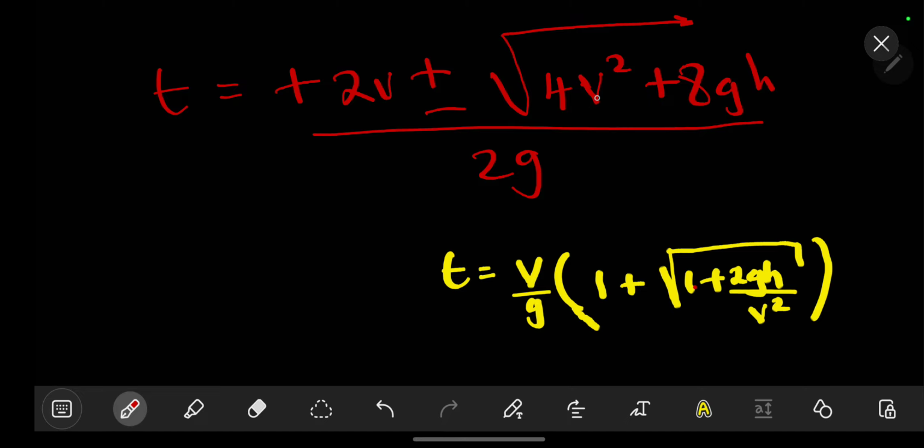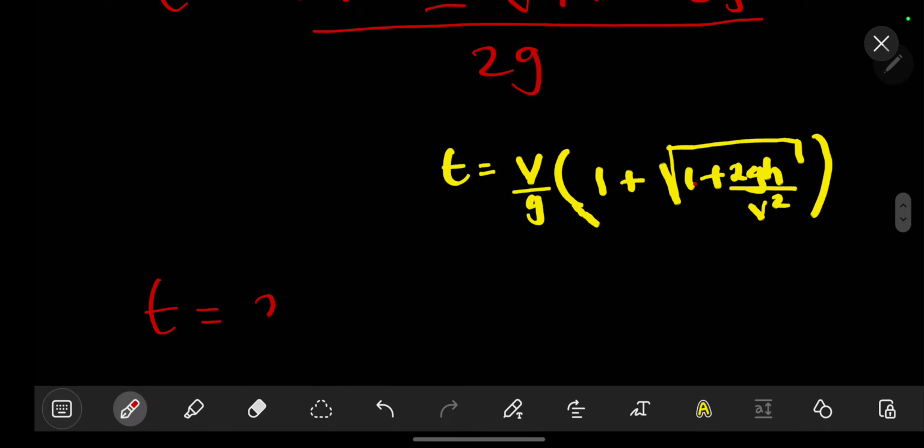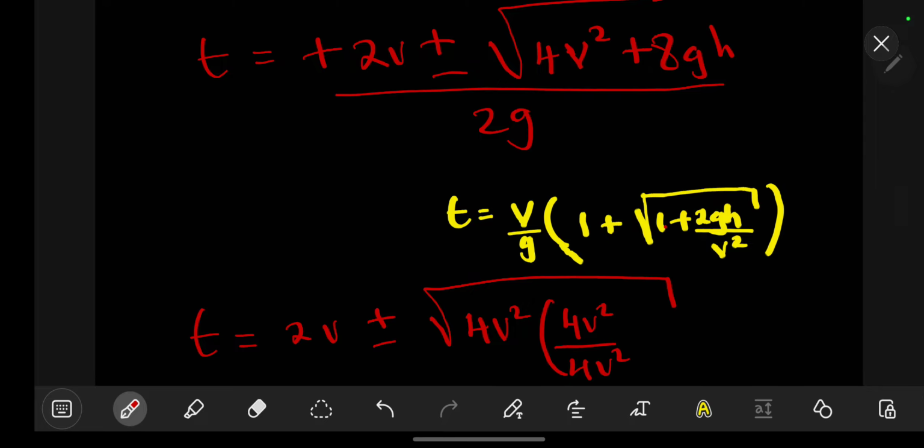So what you can do here is factorize this value, since factorizing is the same as dividing. So t should be equal to positive 2v plus or minus the square root of, factorizing 4v squared, which is the same as having 4v squared over the 4v squared.